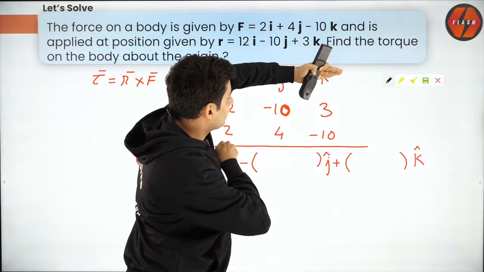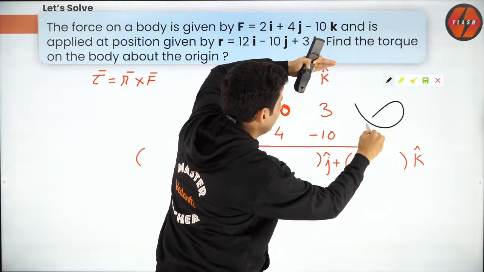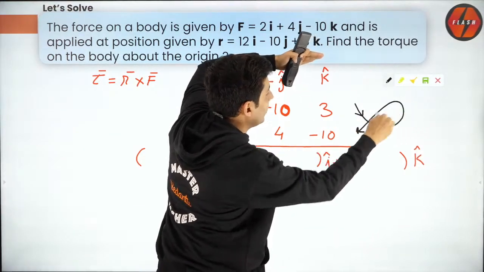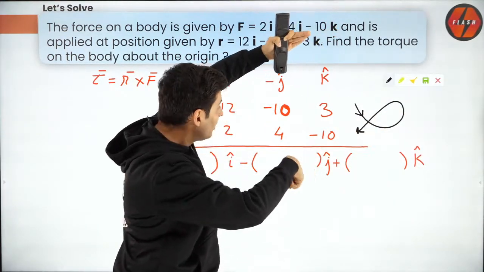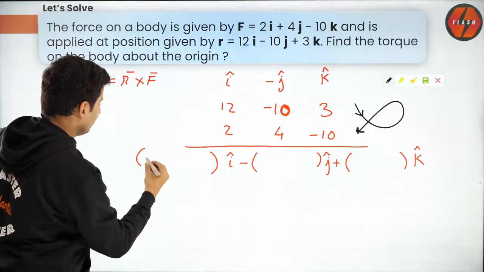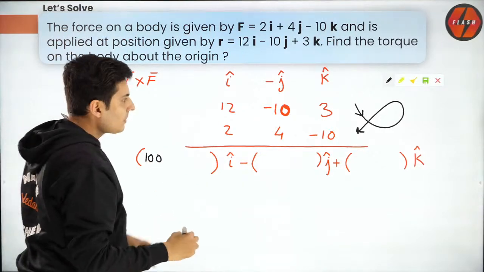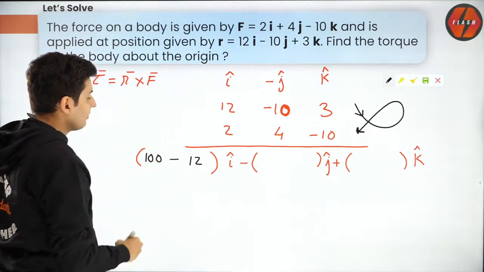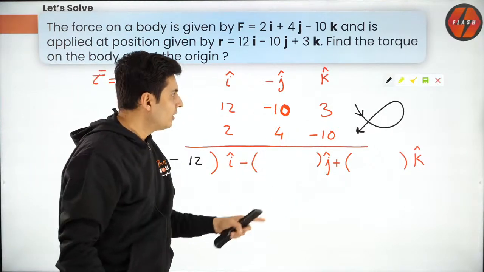Just look at these numbers and just follow this trend. This is the trend you need to follow. Go like this, just like you draw a fish or a rhombus. So minus 10 into 10, minus 10 into minus 10 will be 100. Then go like that, 3 into 4, 12, and then subtract the 2. Is that clear what you need to do?